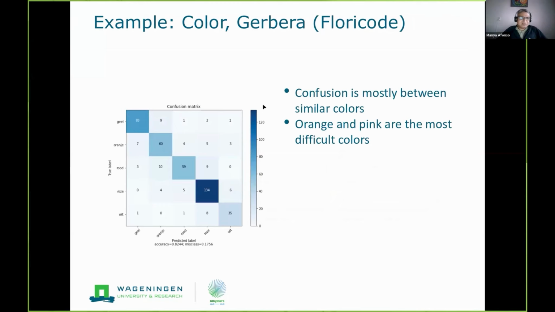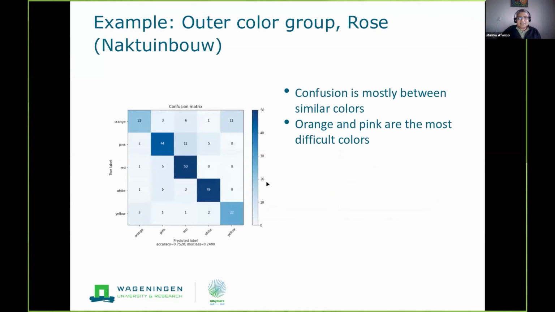For one of the traits, the color of the gerbera, we had this confusion matrix. I'm sorry, the label names are in Dutch because the original labels were in Dutch. But we had an accuracy of above 82%. And also for the roses, we had roughly 75% of accuracy.